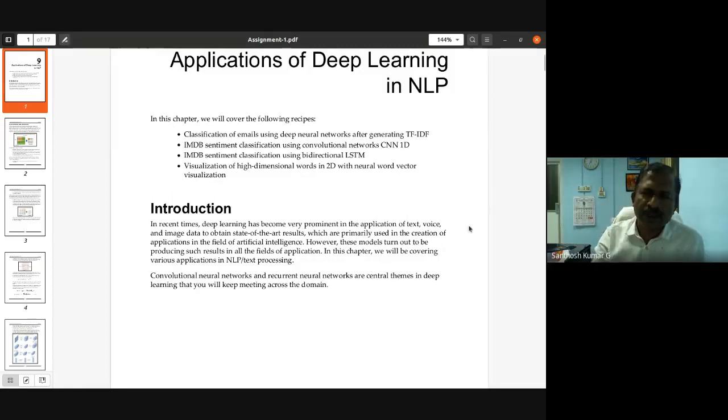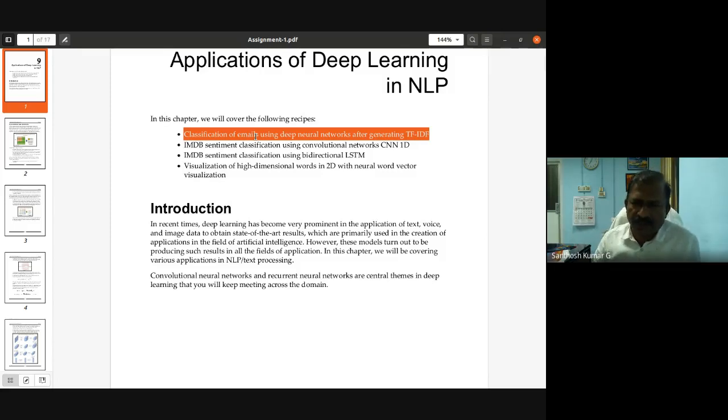Okay, right. So the assignment is very simple. You have to take a data set which consists of an email database and construct a very simple neural network. Even though it is written as deep neural network, you can construct a very simple neural network and try to classify those emails based on some predefined classes.